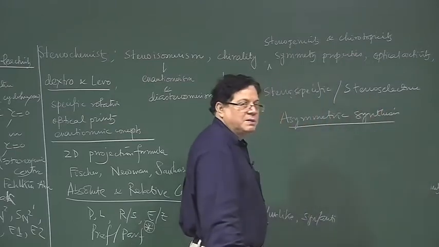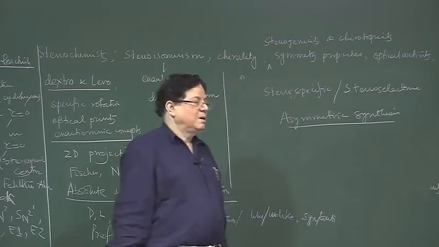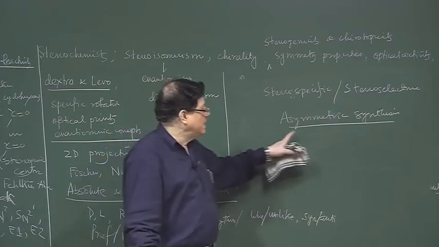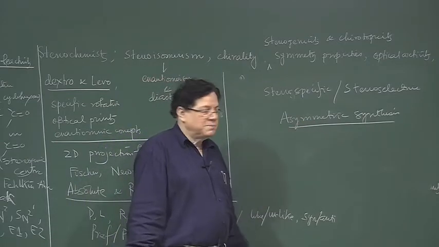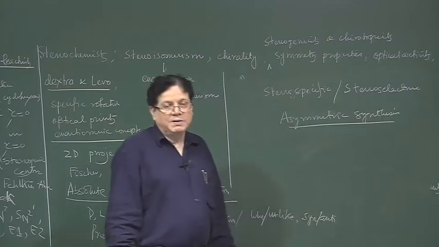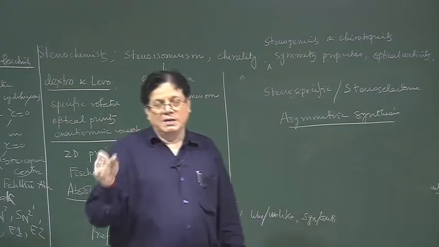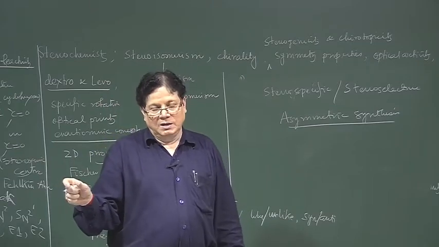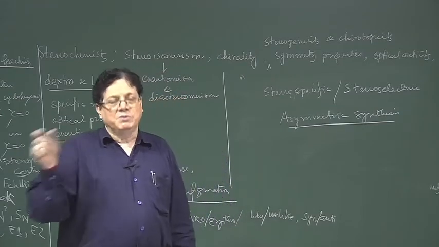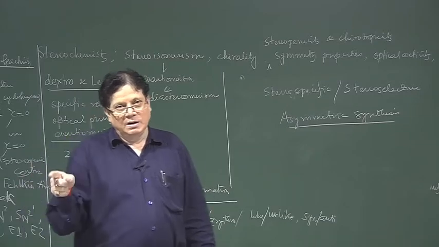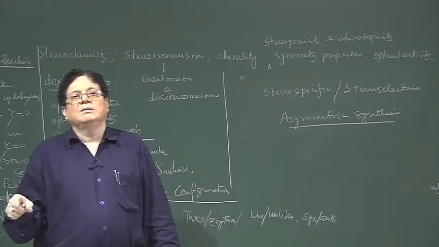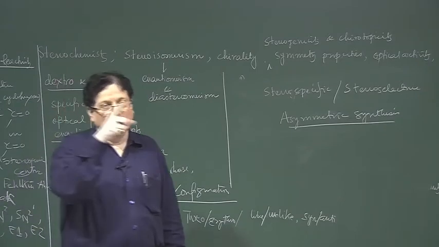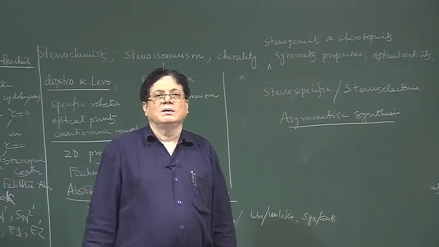A stereoselective synthesis giving chiral compounds, giving one of the chiral compounds out of many, becomes an asymmetric synthesis. Okay. Specific is a little bit different. Specific is if A gives C and B gives D, and C and D are stereoisomers, then it is stereospecific. That means, the product depends on the configuration of your starting material.